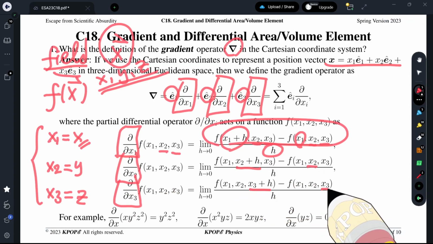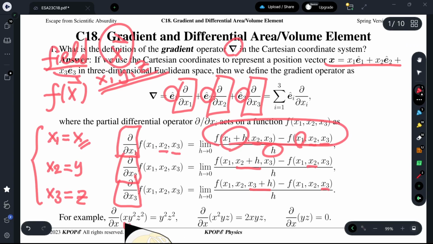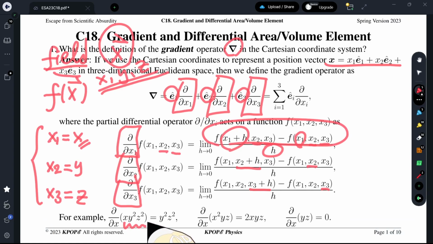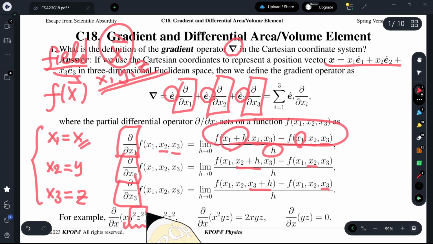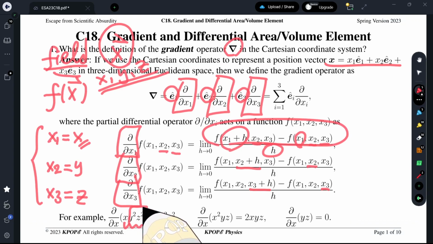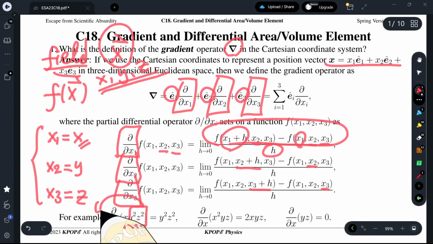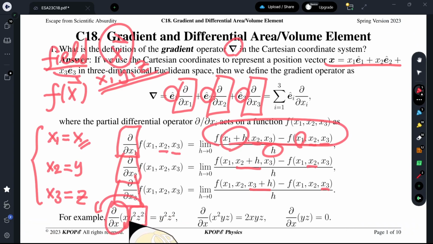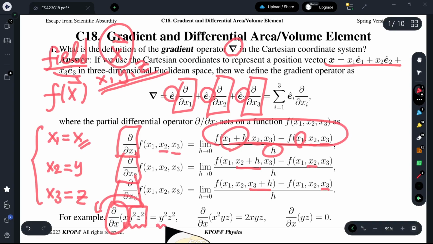As an example, I can take the x derivative of this function. Now y and z are treated as constant factors, therefore I can pull them out. The derivative of x with respect to x is 1. Hence, the result is y squared z squared.